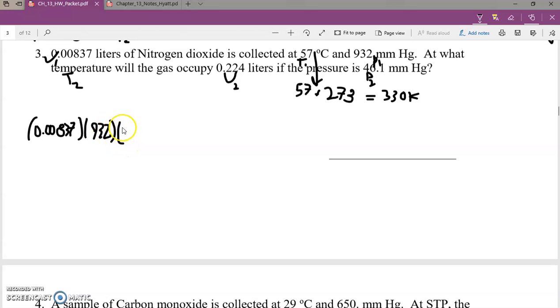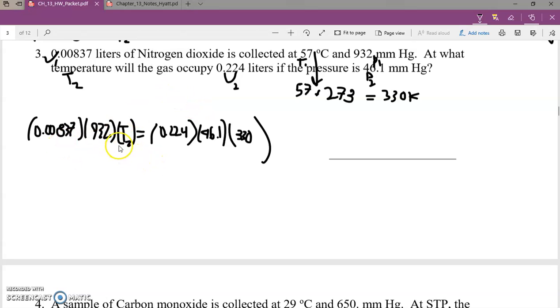We don't know the second temperature, so we'll keep that as our unknown, equal to, in this case, the second volume right here, 0.224, times the second pressure, 46.1, and the first temperature, 330.